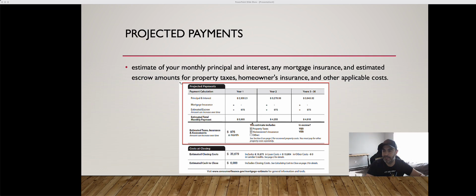And so for the first year, their mortgage payment is going to be $39.05. And then the second year, their mortgage payment is going to be $42.53. And then year 3, it goes to normal, which is the $46.18. In this case, it shows all of their taxes and insurance wrapped up, $975 a month.